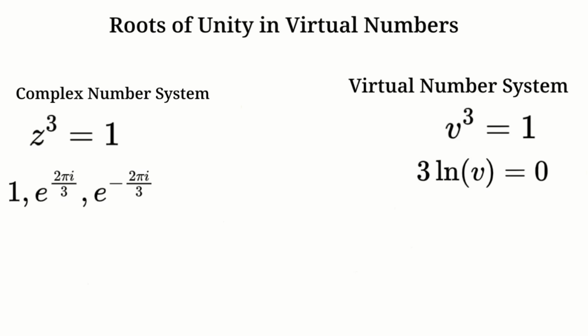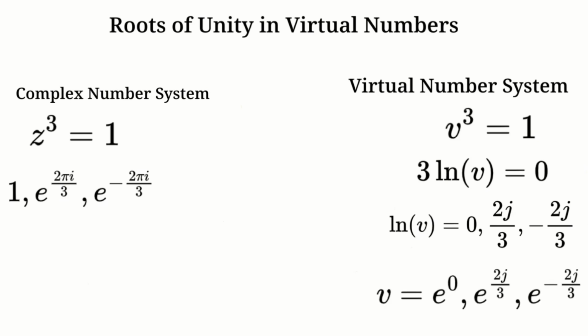Dividing by 3, ln z is equal to 0, j/3, or -j/3. Exponentiating, we get z equals e^0, e^(j/3), and e^(-j/3). So the roots of unity in virtual numbers are 1, e^(j/3), and e^(-j/3). Unlike the complex case, these do not lie on a unit circle, revealing a new geometry.